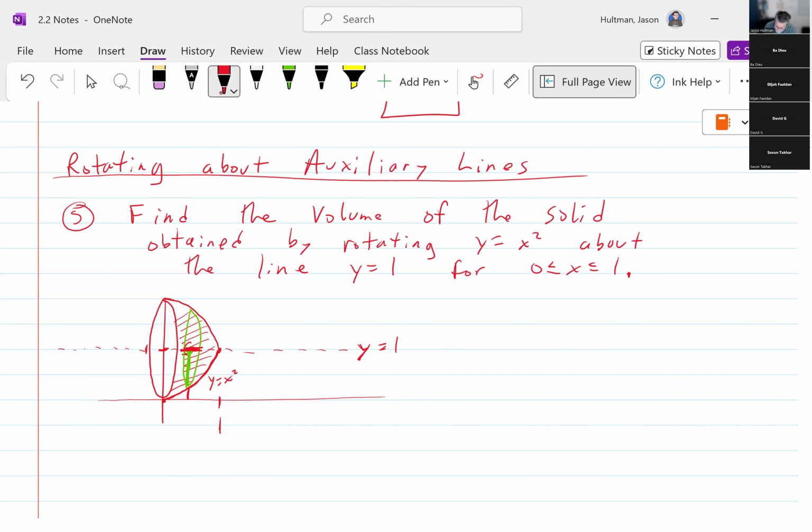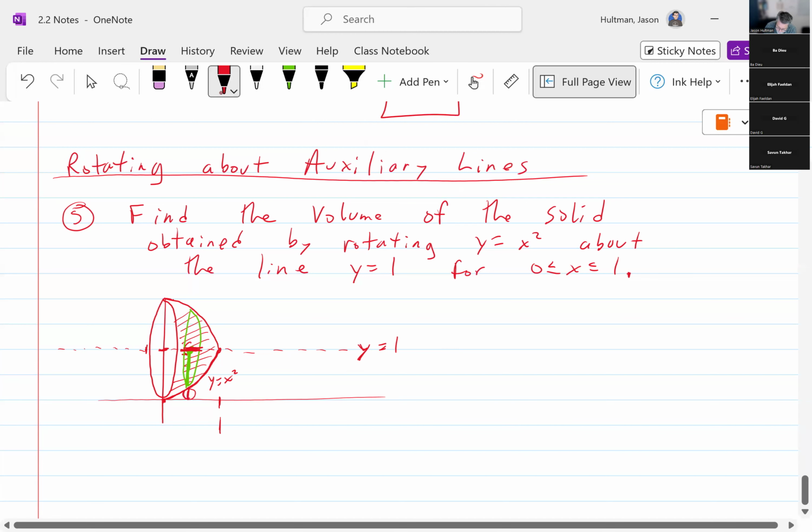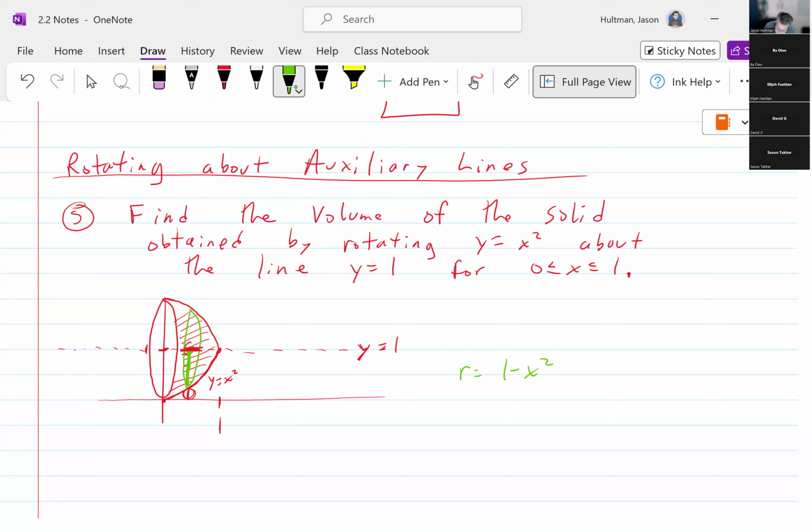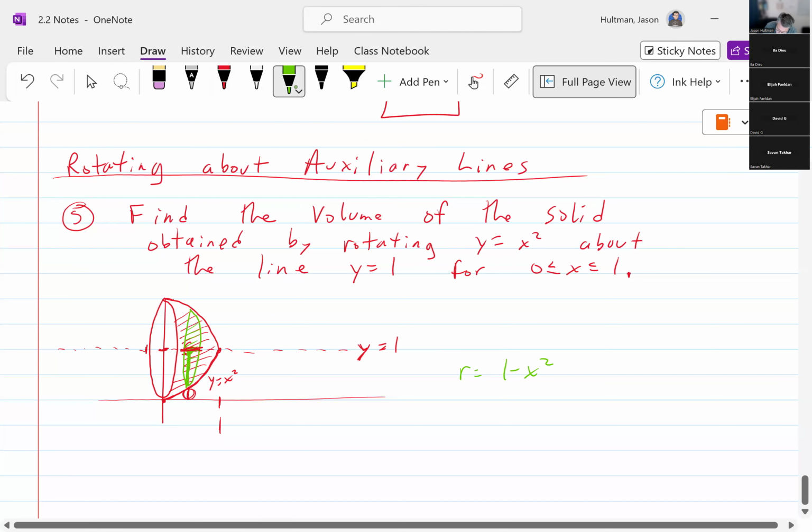So if I want the whole thing, which is 1 minus this height here, we would get that, right? That should be R. I'll put that in green. Okay. So now this is going to create a disk, with radius equal to 1 minus x squared.